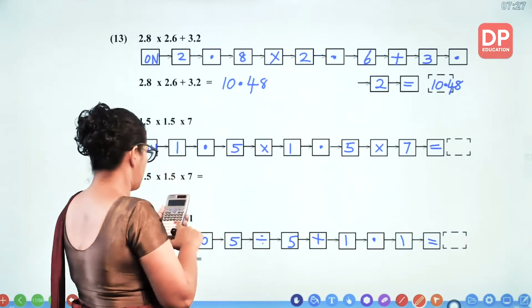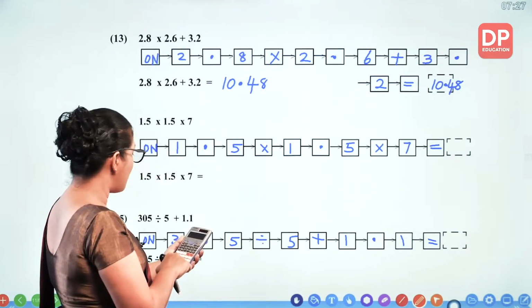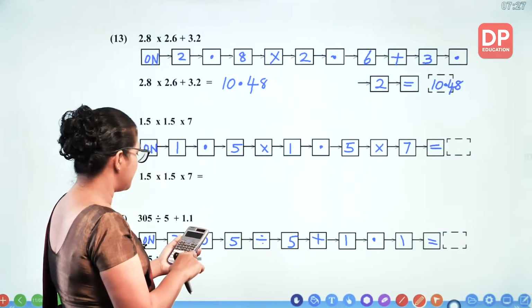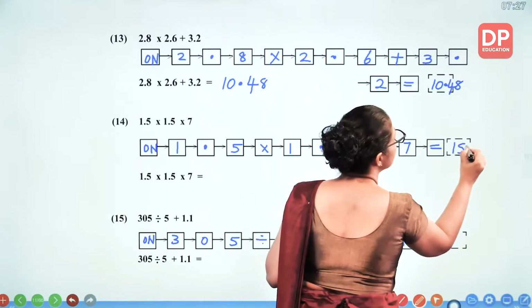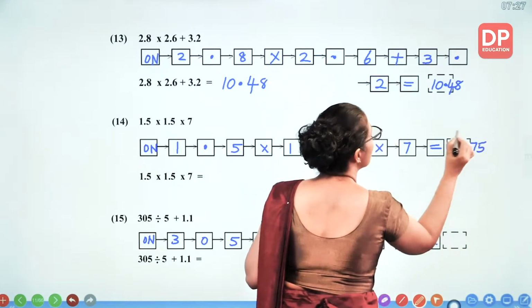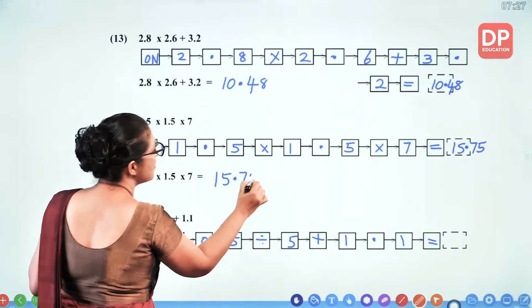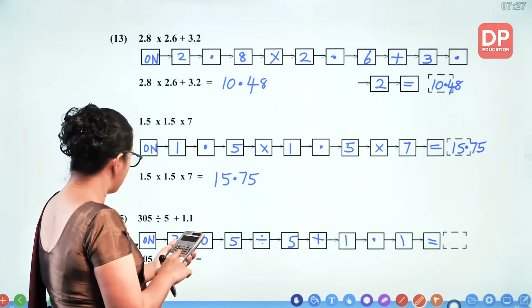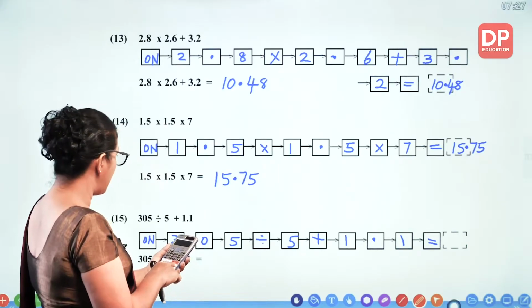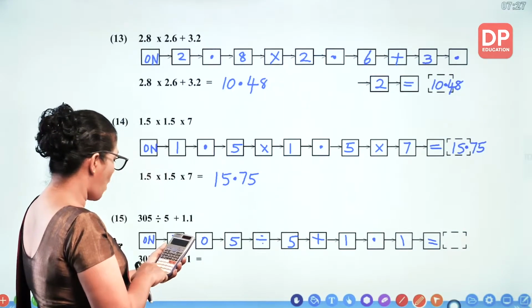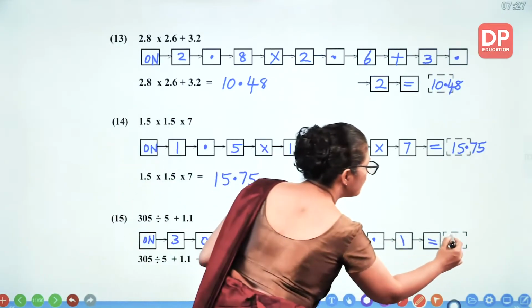This one, 1.5 multiplied by 1.5 multiplied by 7 is 15.75. This one, 305 divided by 5 add 1.1 is 62.1.